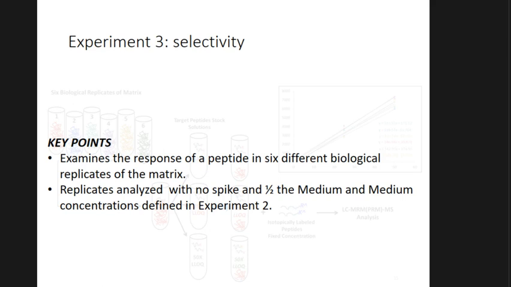So coming up with some totally random example on the top of my head, maybe in your 6 pools of plasma, there's different representatives of different races. Maybe some race has an interference in that peptide that now you see, oh, this transition is being interfered with in one of my biological matrices because of any number of reasons that people's plasma might be different. Maybe diet, maybe someone in that sample had some dietary medical issue that they have an interference in that transition now.